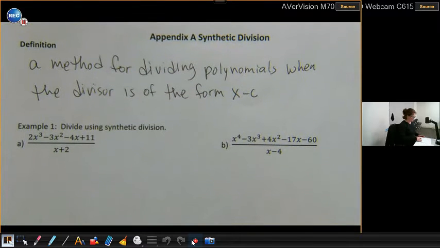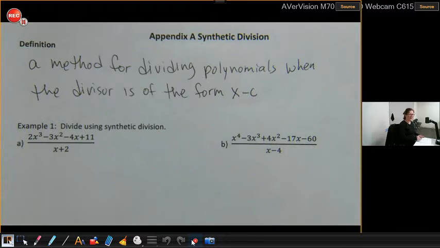So in our examples, they can both be divided with synthetic division because the divisor is x plus 2 and x minus 4, matching this format.